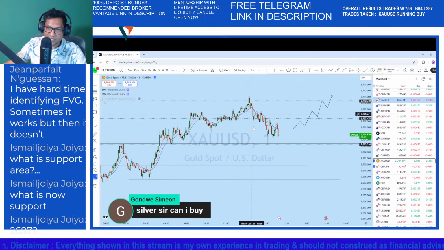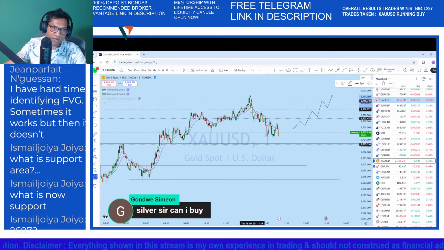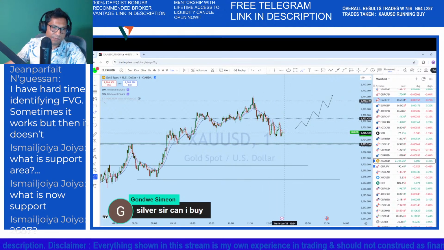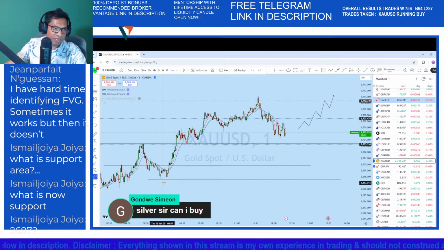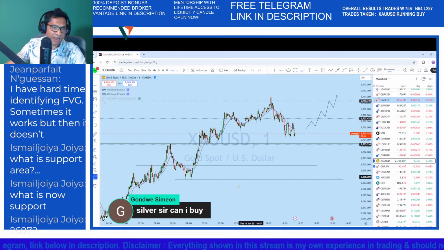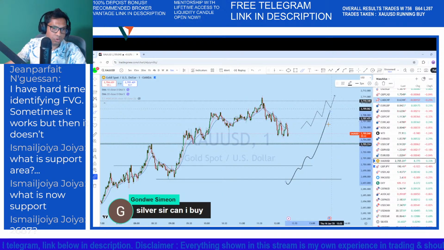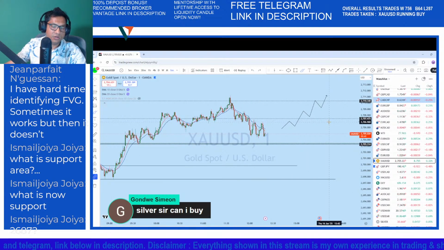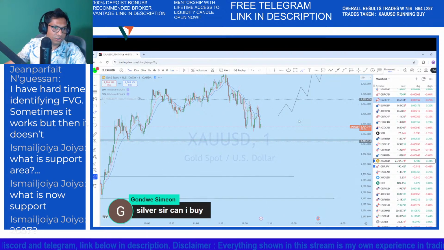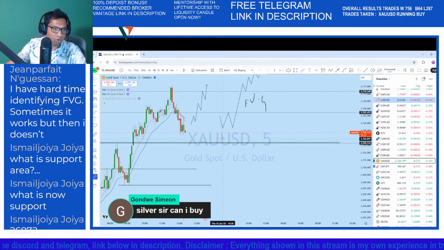Here you can see it's in a local downtrend at the moment, and from the downtrend we can expect it to trend again in that direction to this support level here. There is high liquidity, forming that double top, double bottom, expecting the market to drop here, grab the liquidity, and then return again to create a new high, right? So that's how everything works, depending on how it goes.